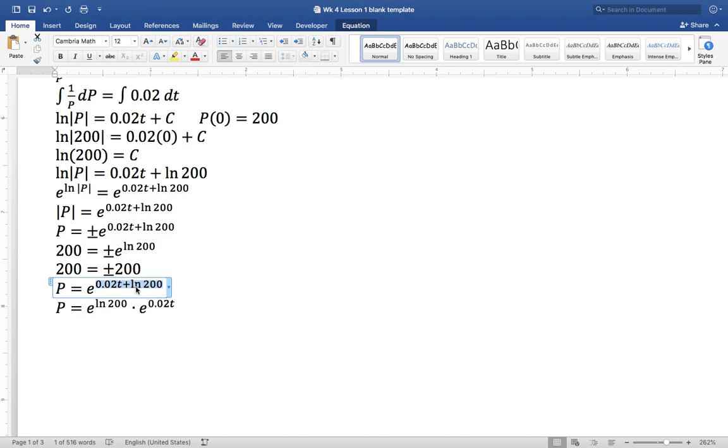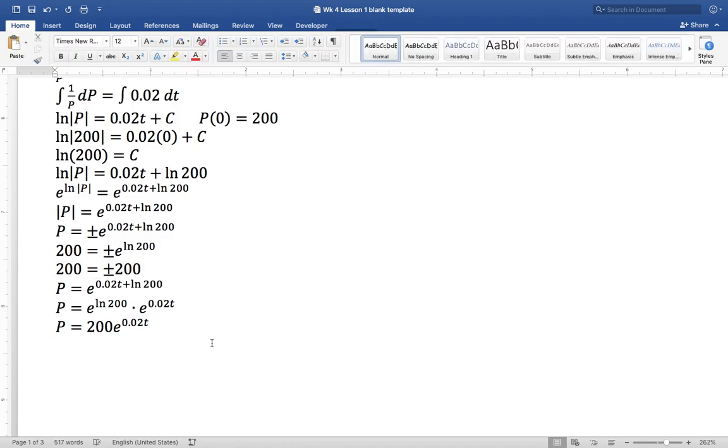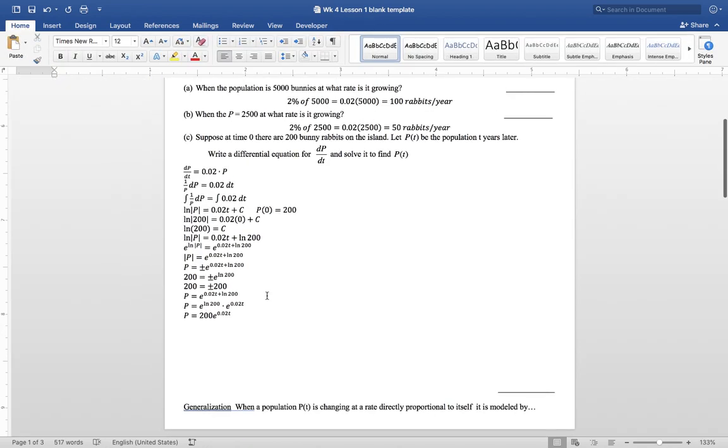So I hope it's clear that these two expressions are in fact the same. Now, why would you rewrite this expression in this fashion? Because this first term here, e to the ln 200, is in fact just 200. So I obtain p is equal to 200 times e to the 0.02t. And that is the simplified solution to the differential equation.